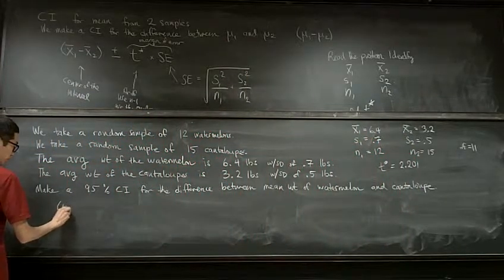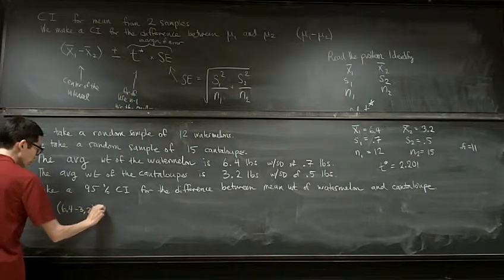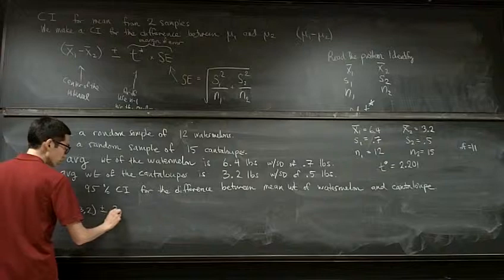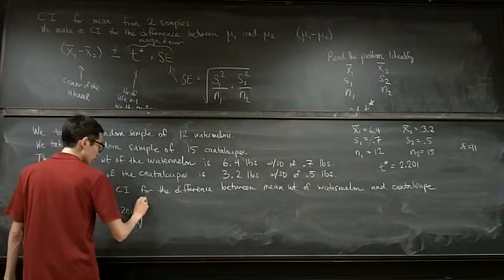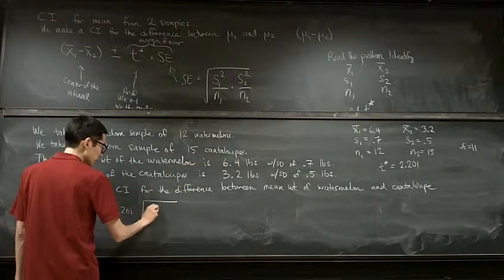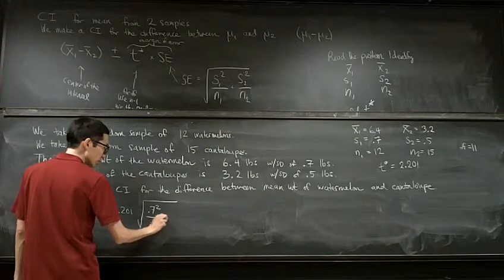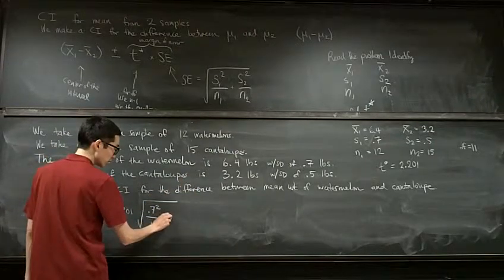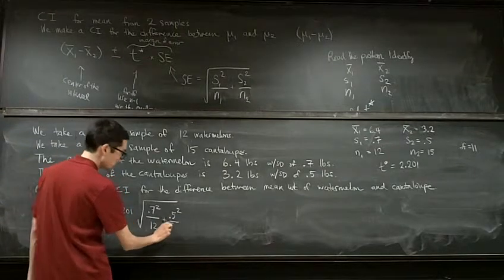Okay, and so now it's just a matter of putting all of these numbers together. So in the center I put 6.4 minus 3.2, plus or minus T star, which is 2.201, times the square root of S1 squared, 0.7 squared over N1, which is 12, plus S2 squared, which is 0.5 squared over 15.